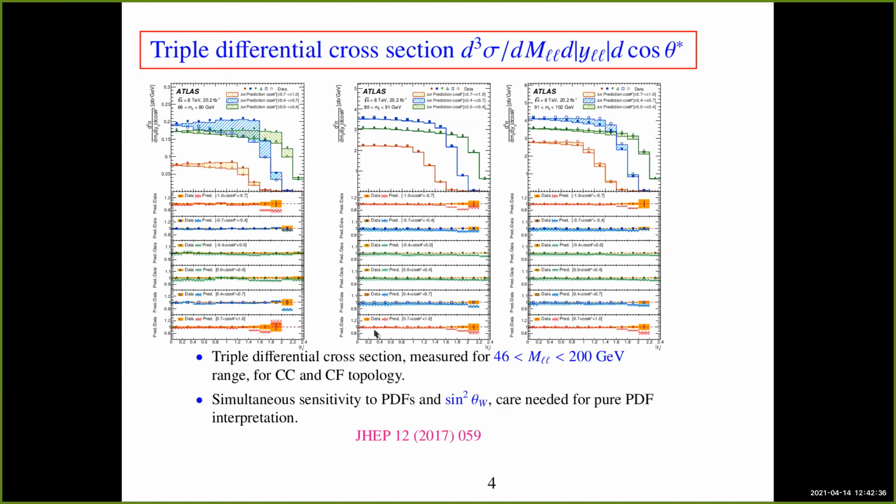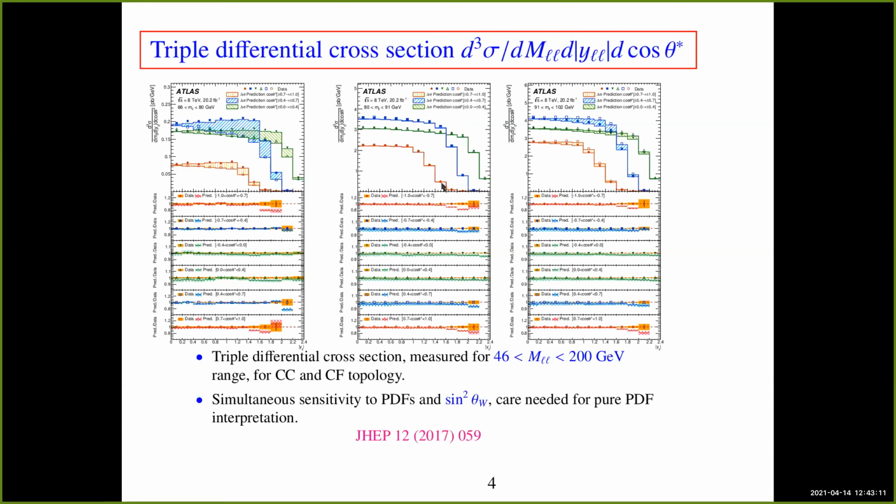So these are 3 slices in the invariant mass shown here, as a function of rapidity for different cos theta bins. There are, of course, very many features that you can observe here, for example the forward-backward asymmetry, which changes sign as you move in mass. But what's also interesting is that if we look at the bins corresponding to smaller cos theta, you see that they remain flat up to very large values of rapidity, and then they only start to cut off.